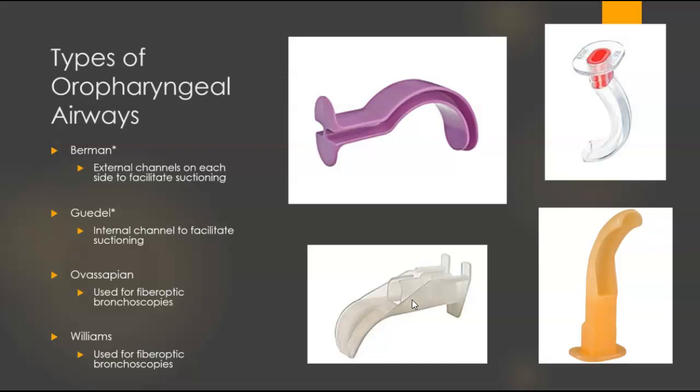Diagnostic bronchoscopies are when they use that scope to go down into the lungs. They might take a biopsy of lung tissue, or they might do a brushing of the airway linings to look for cancer diagnoses.